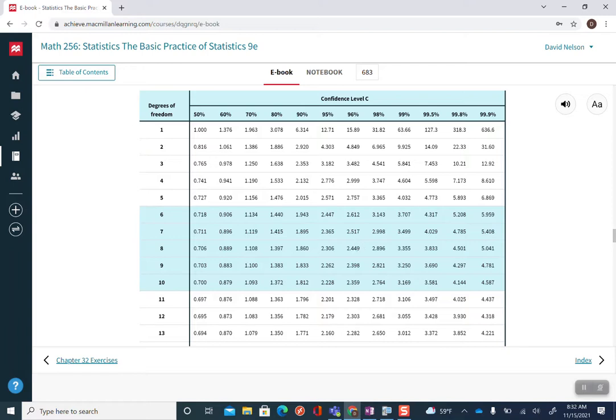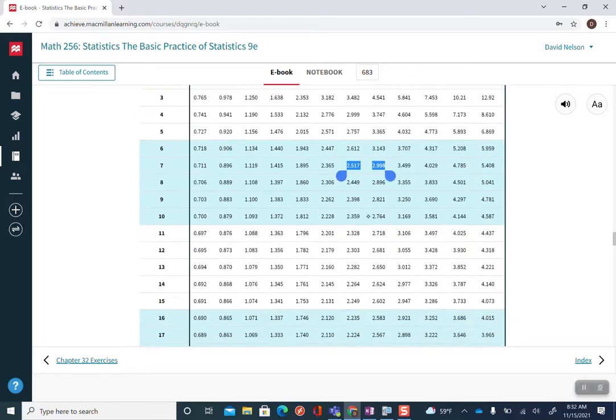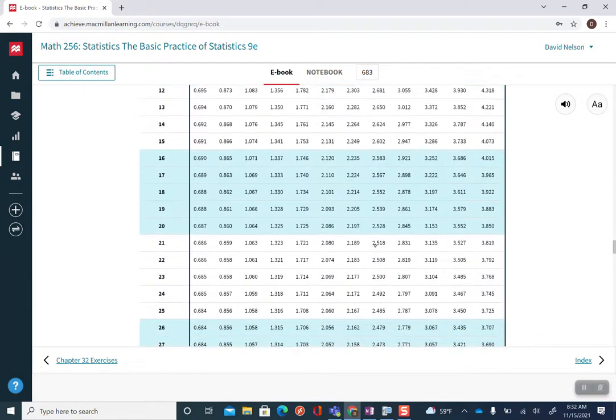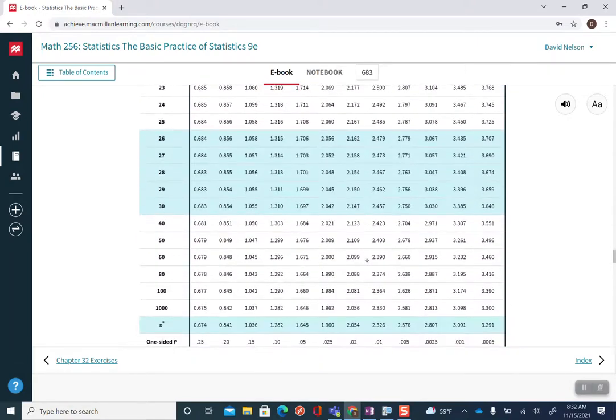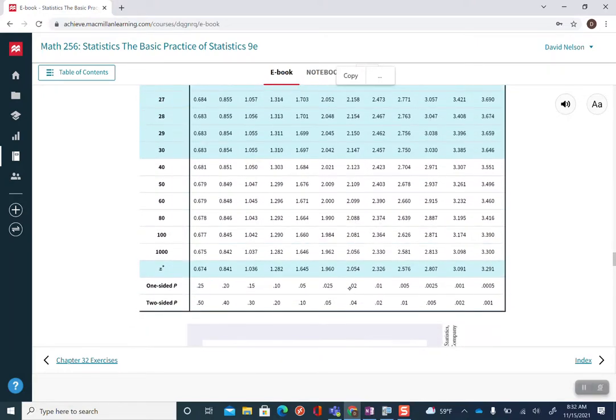Maybe you can see where that is. It's between 2.517 and 2.988. It's somewhere in that range, and so if we go all the way down to the bottom of the table, looking at a one-sided test, our p-value is somewhere between 0.01 and 0.02.